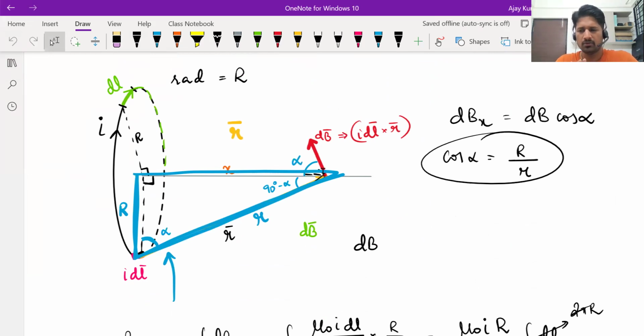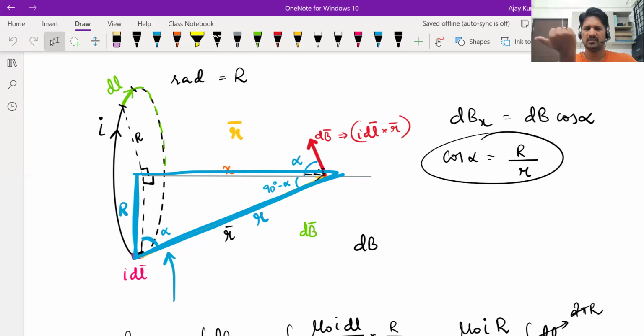Now I want you all to curl your right hand fingers along the flow of current. As seen from your side, out of the screen, the current is going up. So you will curl your right hand fingers like this and the thumb will point this way. Like my thumb, is it appearing to the left to you or to the right?